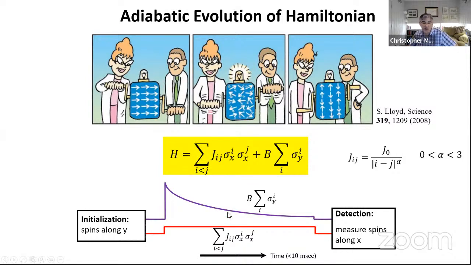So a typical experiment would be to initialize all the spins along the y direction. We do that with carrier pi/2 pulses. You could do it with microwaves, but there's a technical reason we don't. The spins are along the y direction. Actually, the minus y direction would be the ground state of this Hamiltonian for B positive. Then, for technical reasons, we leave the Ising couplings very low but constant, and we turn on the magnetic field to be very high.